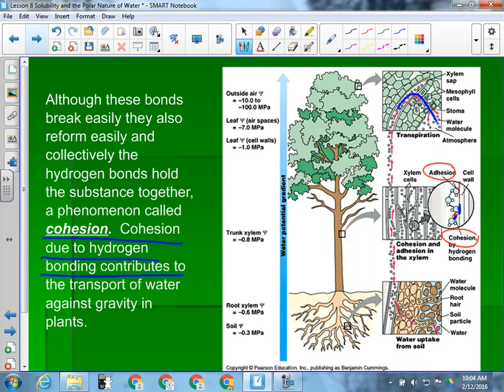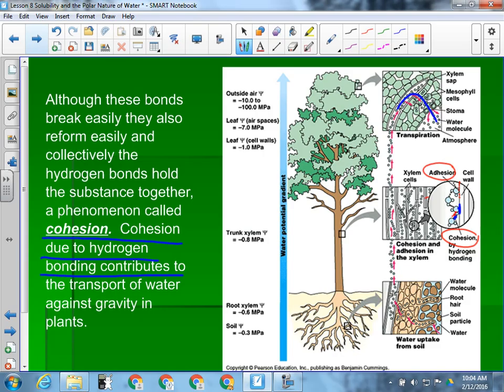It's a hydrogen bond, but those are the processes that allow water to stay suspended inside the trunk. So you can see in the diagram here that these tubes must be pretty small if the water molecules can barely fit two side by side within the tube. So they're very, very small, and that means you don't have a lot of weight in each tube that needs to be supported.